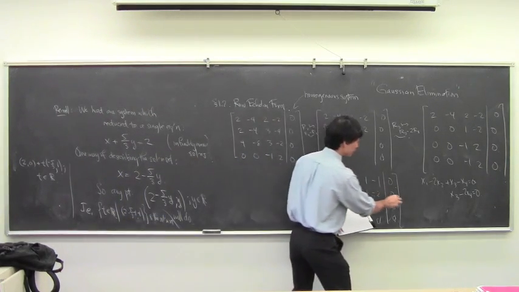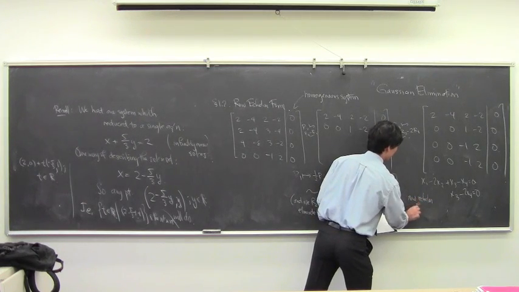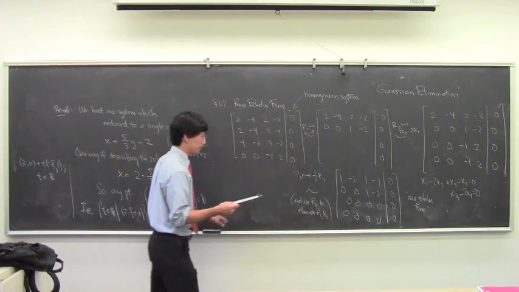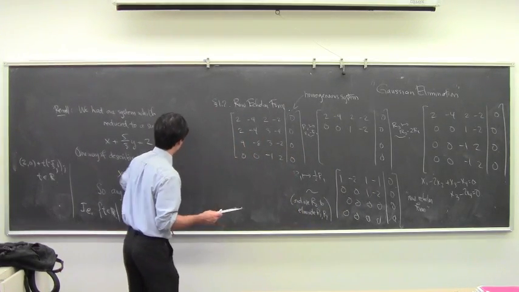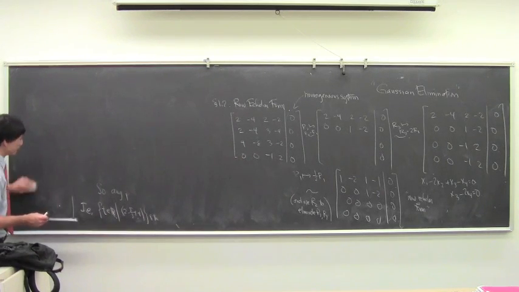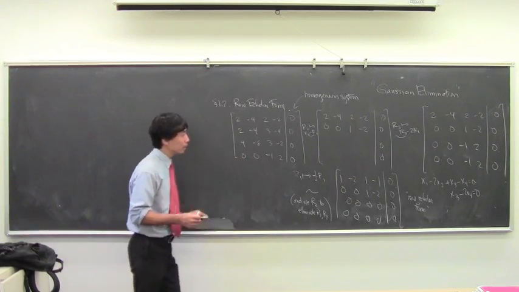This sort of form is called the row echelon form. So in Gaussian elimination, you take your matrix and reduce it to the row echelon form.